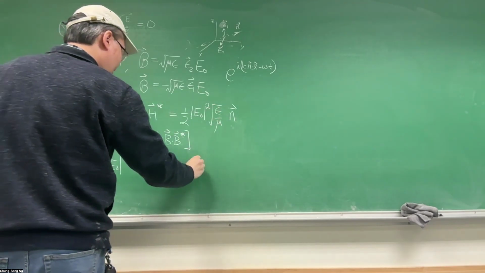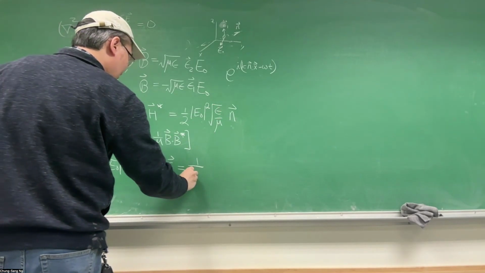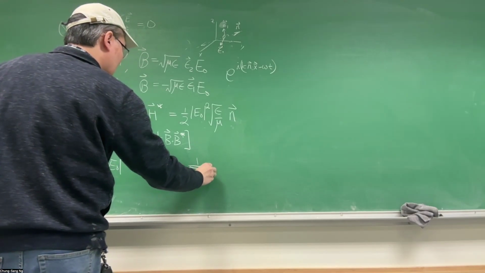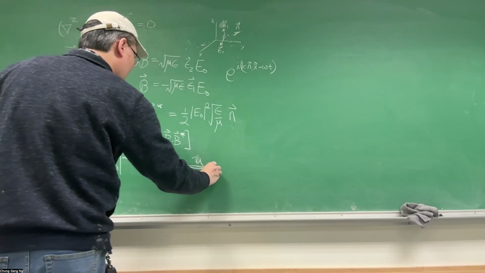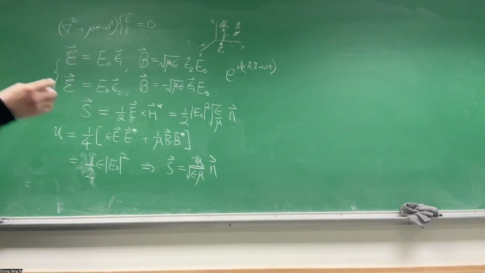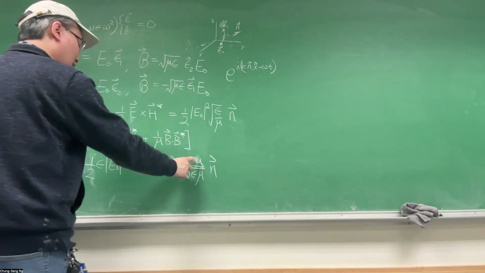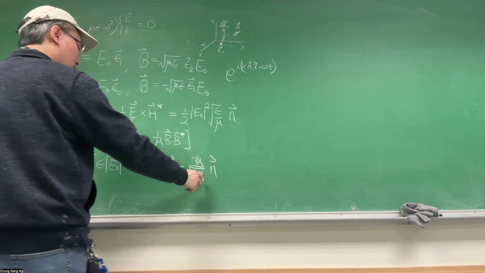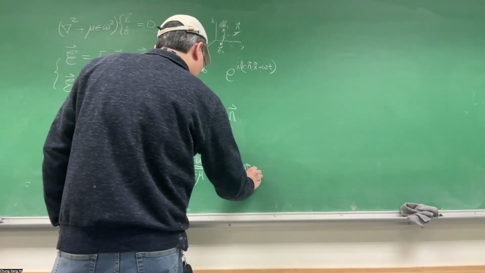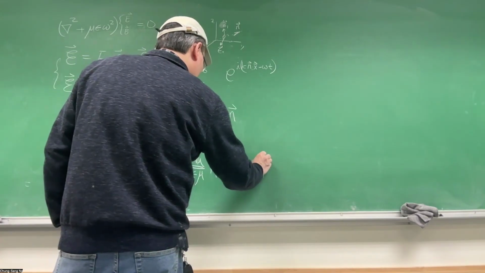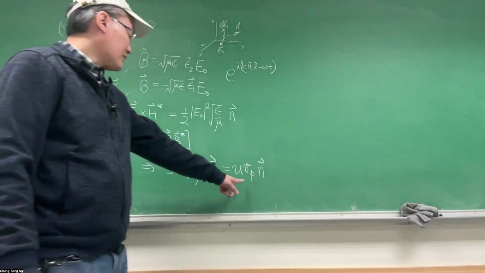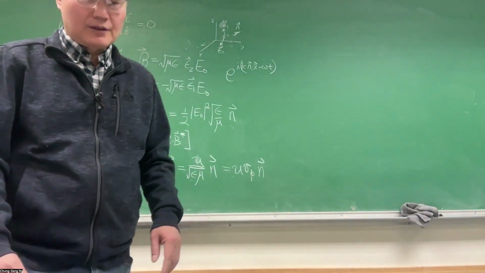And you already have the square root of epsilon over mu, so divided by epsilon you get 1 over square root of epsilon mu, and U times n. And this 1 over square root of epsilon mu we already defined as your phase velocity. And this formula is given by this one: energy density times the velocity. Especially in vacuum, you can see it is c.